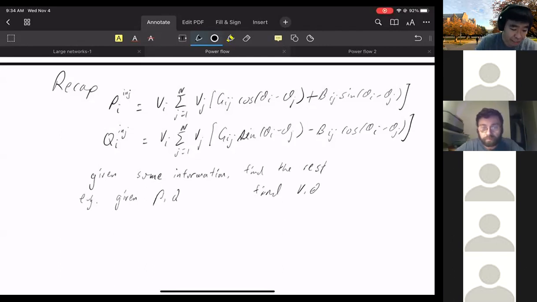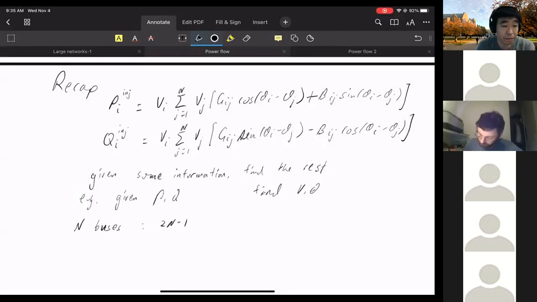If you look at the system, as a reminder, let's say there are n buses. As we said last time, the degrees of freedom, basically the number of independent variables you can set freely, is 2n minus 1.